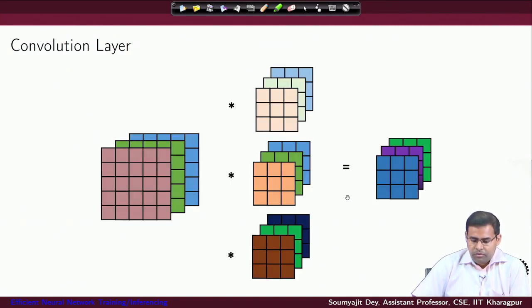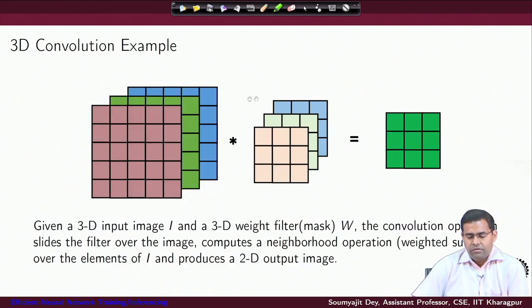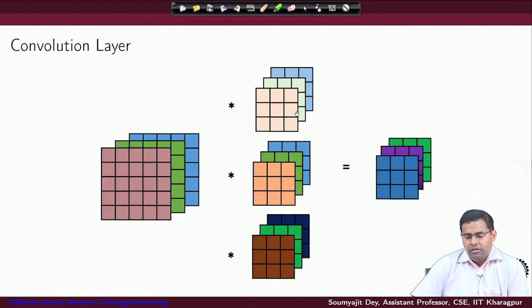So, if we keep on doing it for multiple masks, because here we just considered a 3D image with one 3D mask, but in general in a neural network architecture I can have multiple masks, right. So, this is the 3D image, there is one convolution to be done with one 3D mask, another convolution to be done with another 3D mask, another convolution to be done with another 3D mask.